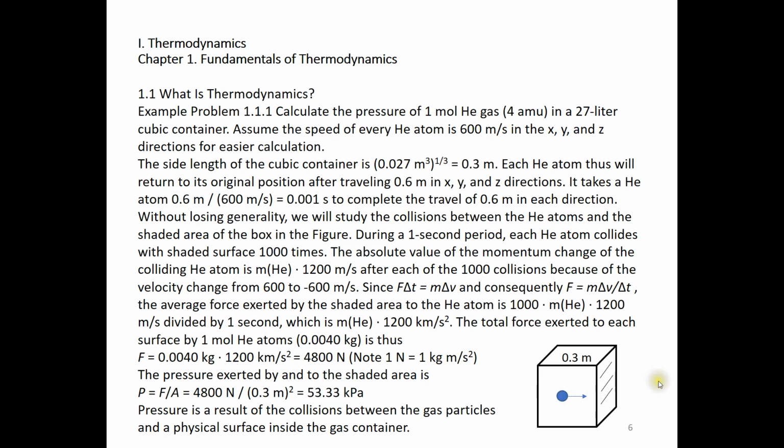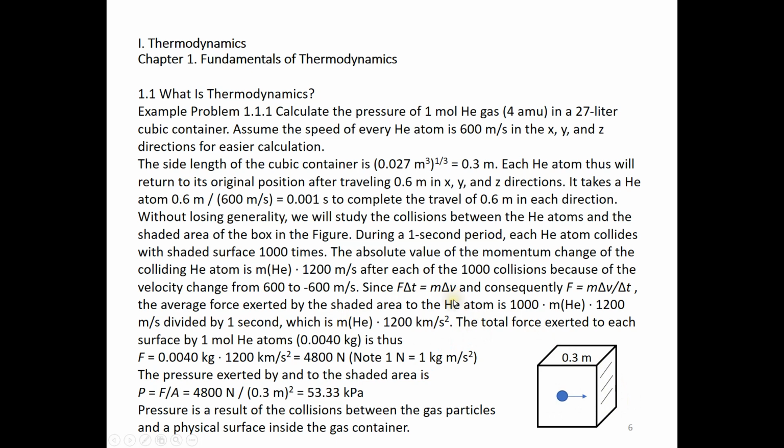So there is some momentum change to this helium atom in each collision. And now within 1 second, there are 1,000 collisions. So we can calculate the total momentum change caused by the collisions, which is just 1,000 times the mass of helium times 1200 meters per second. Again, this 1200 meters per second is twice the speed of the helium because the direction of the helium changes before and after the collision.